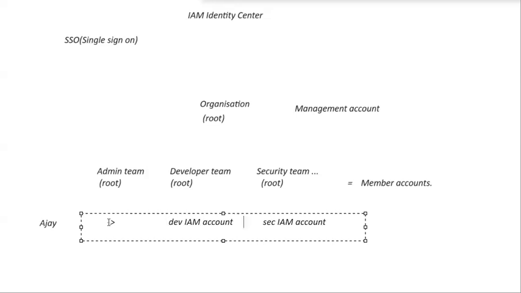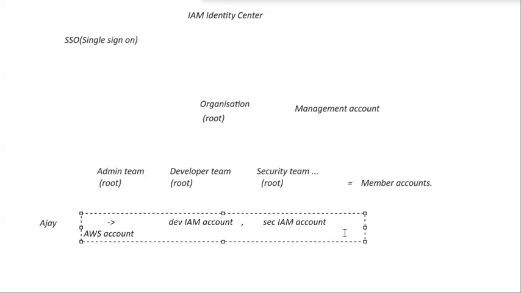Now you can tell me how many IAM accounts he has. He has two IAM accounts he is maintaining, and to log into AWS, does Ajay require an AWS account? Yeah, of course. Ajay requires an AWS account also.